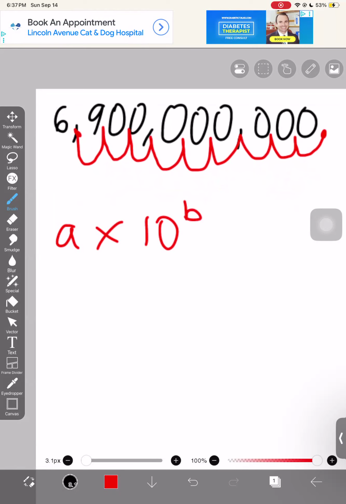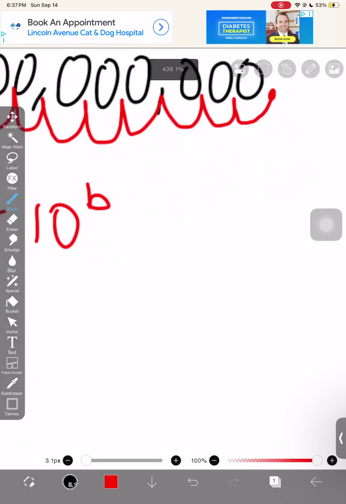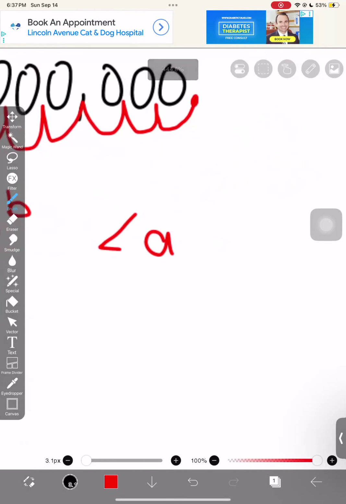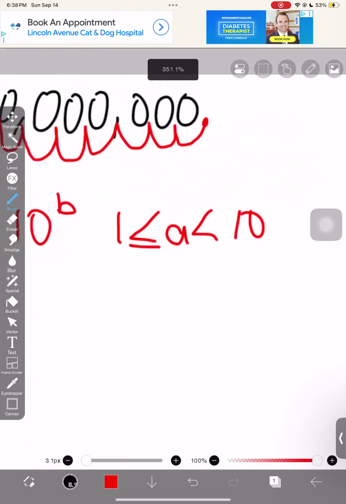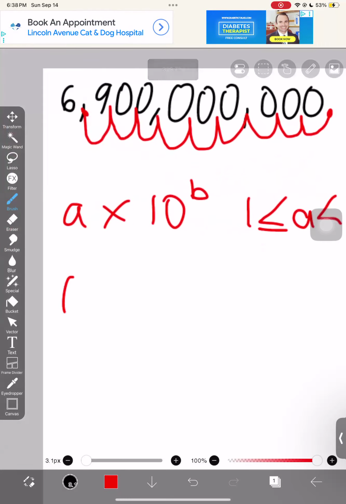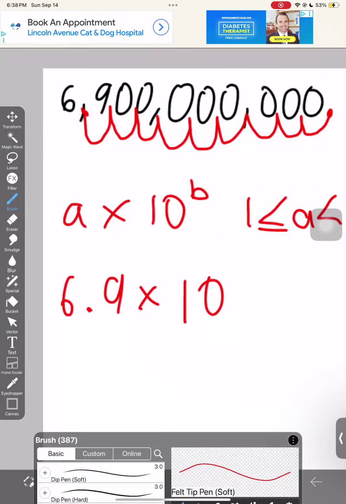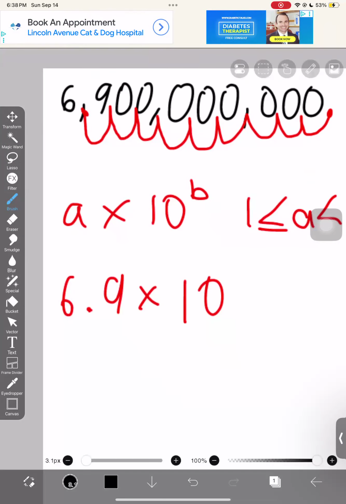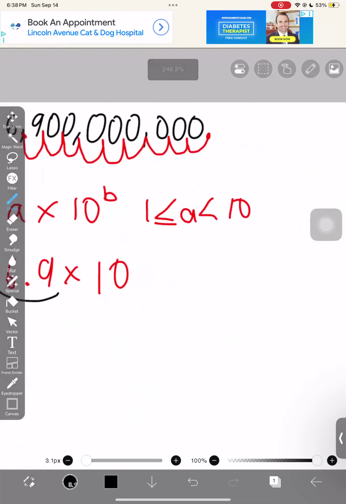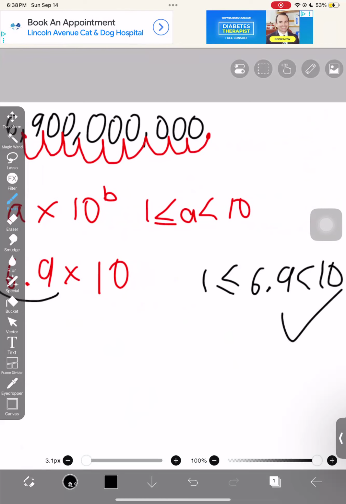Where A has to be between 1 and 10. So notice how we have 6.9 times 10. 6.9 is in between this, so we know it's correct.